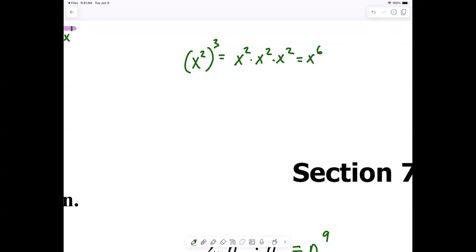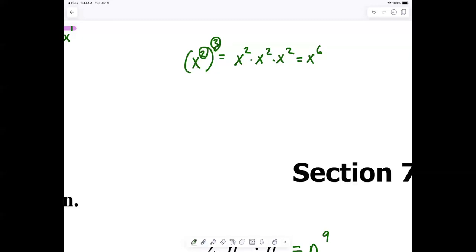X to the 6th. Now, why am I showing you that? Because I'm trying to teach you that for the operation, a power to a power, what do I do with these two numbers? You multiply them. You don't have to remember that. Every time you have a problem, write down x squared cubed, write down what it means, and then you say, obviously, you multiply.